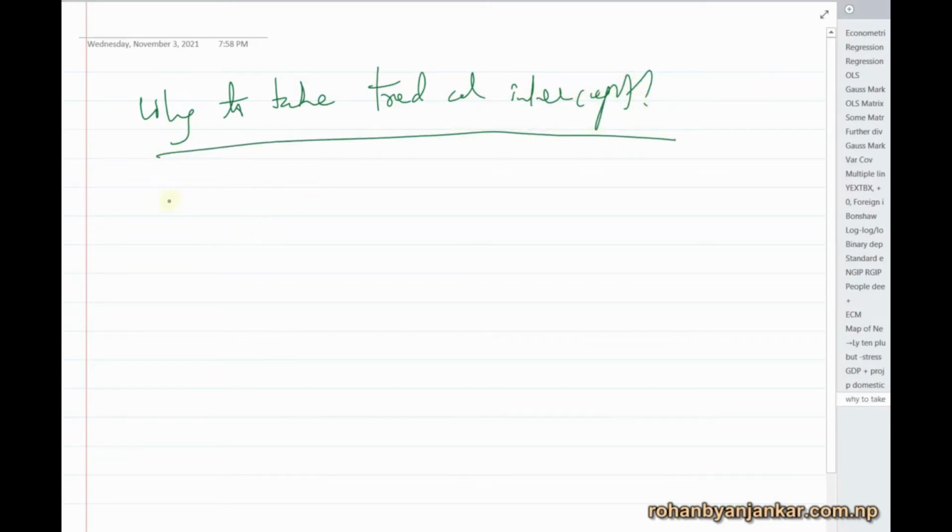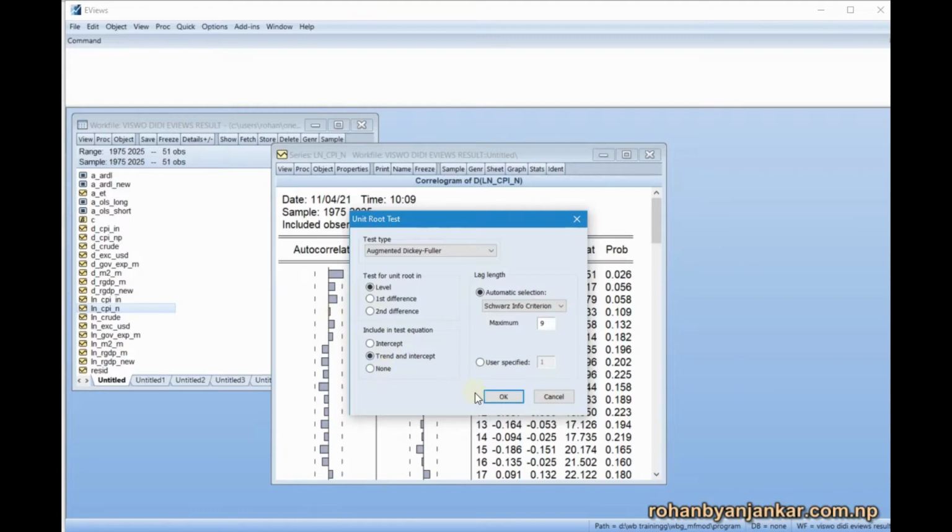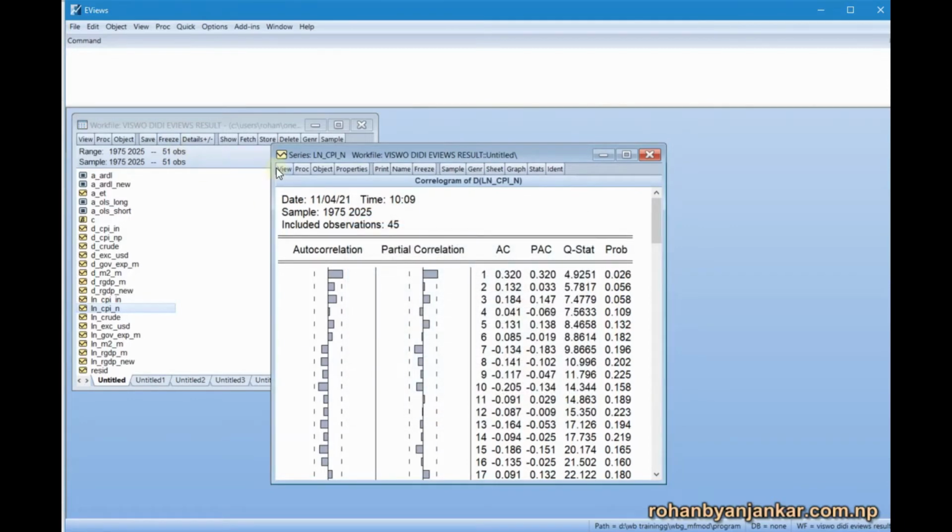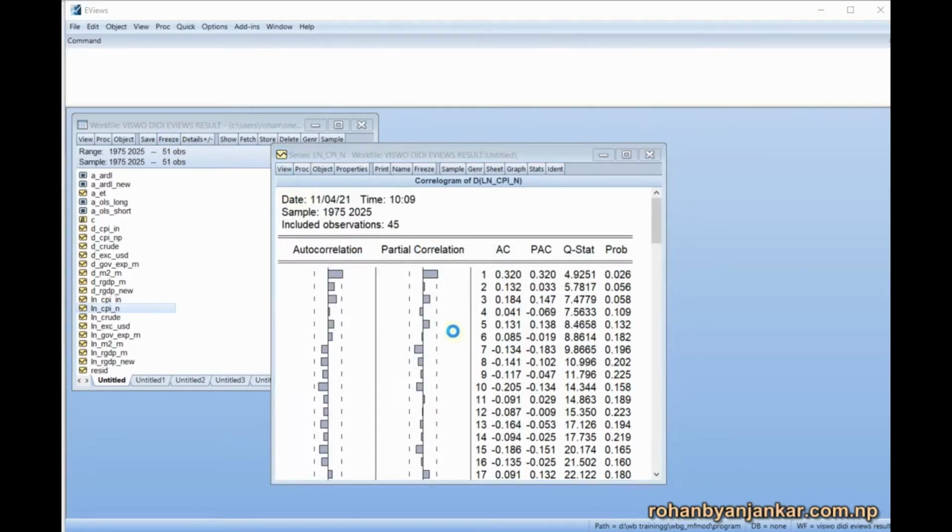This is because we will see a graph. Let's check its graph and confirm it. Why take trend and intercept, or intercept only, or none? So first of all, we will make its graph. We will click on View, Graph.